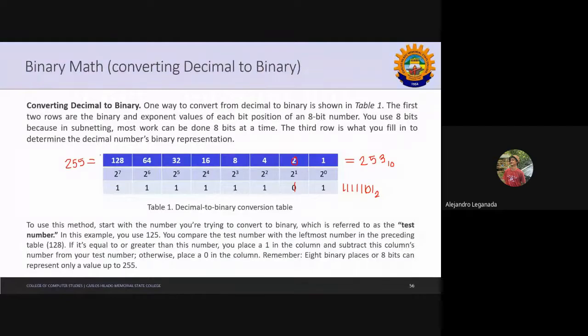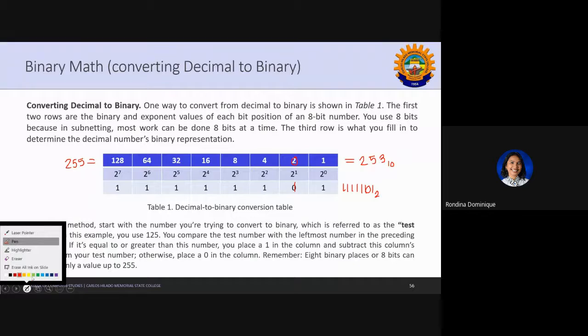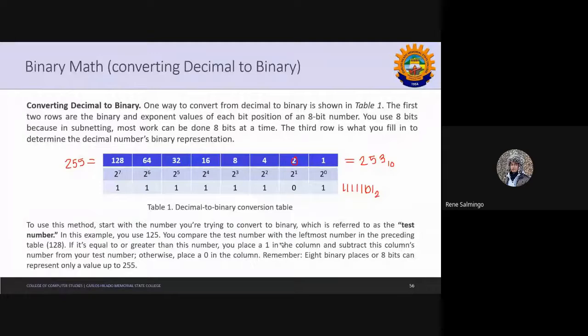So for every value where there is a zero in the binary, you automatically subtract that value from 255. If all of these are 1, the value is 255. If this one is 0, for example, then you subtract its value.